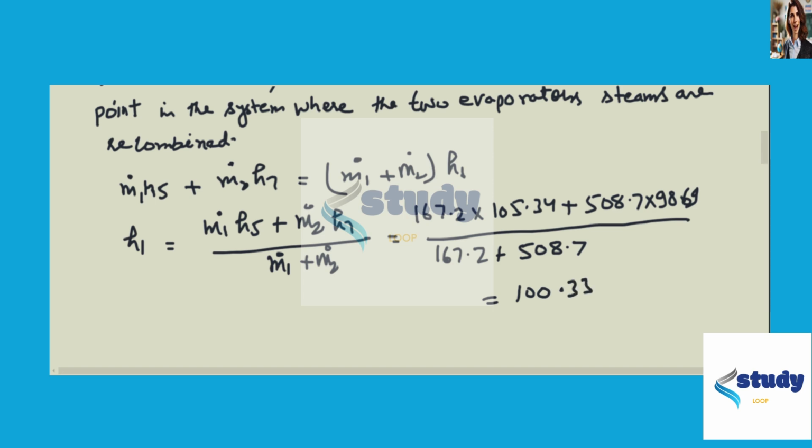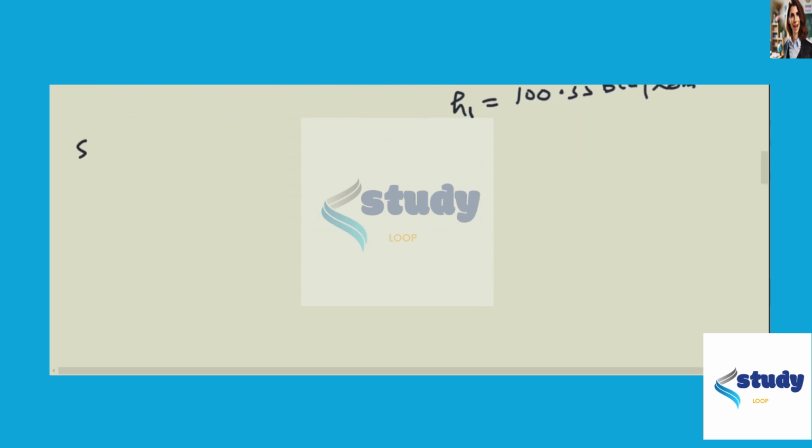That is 100.33 BTU per pound mass. So pressure at state 1 is 10 psi.